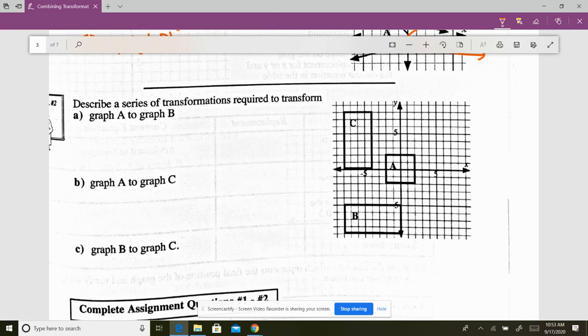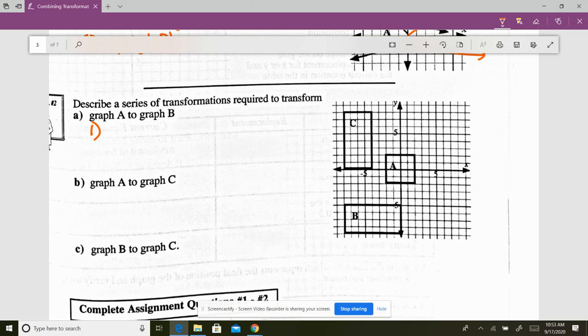Okay. We're going to go from box A to box B in the correct order, or rather, square A to rectangle B. So what's the first thing you notice about the difference between A and B? It's stretched. How is it stretched? Horizontally.